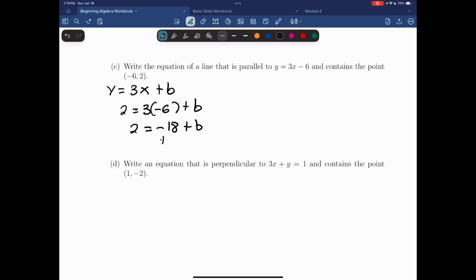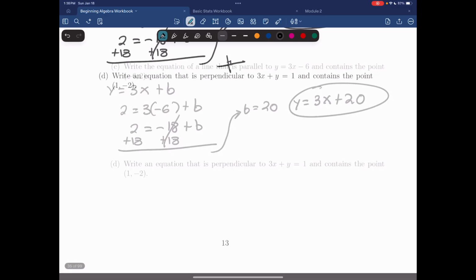To solve for b, I'm going to add 18 on both sides, and we get b equals 20. Now all we have to do is plug in b, so our answer is y equals 3x plus 20.